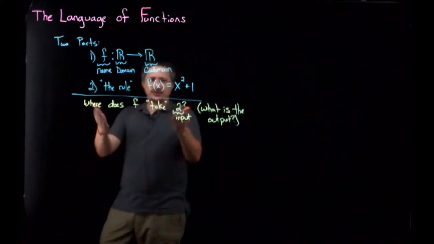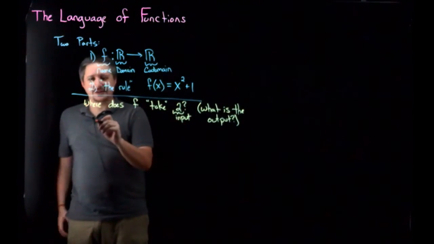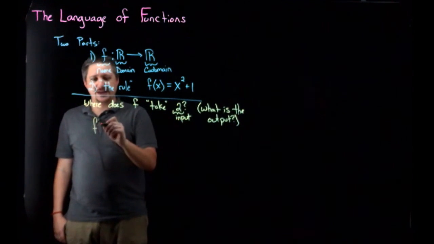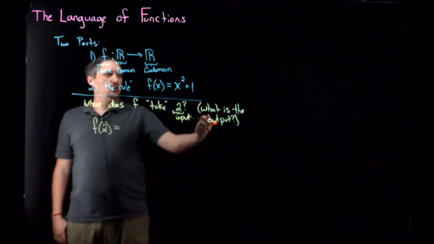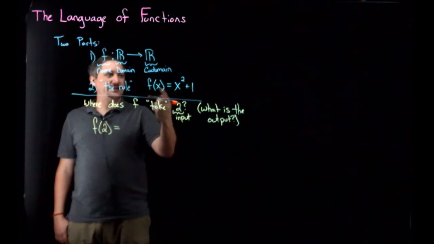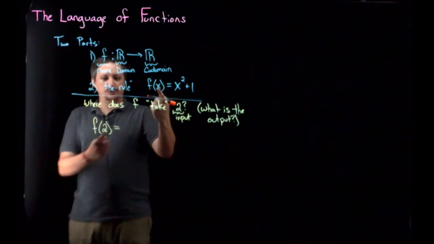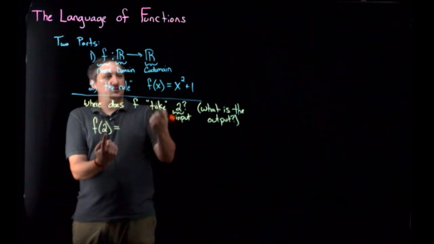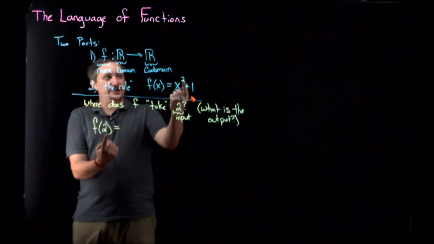So the way we write this question is, I'm trying to input 2. I take f and I input 2. And the question is, what's the output? What does that equal? It takes the input, and the input here is 2. So wherever I see an x up here, I'm replacing it with the 2 because that's the input. The rule for f is it takes the input and squares it.